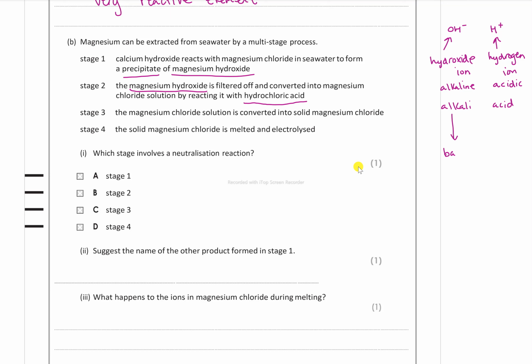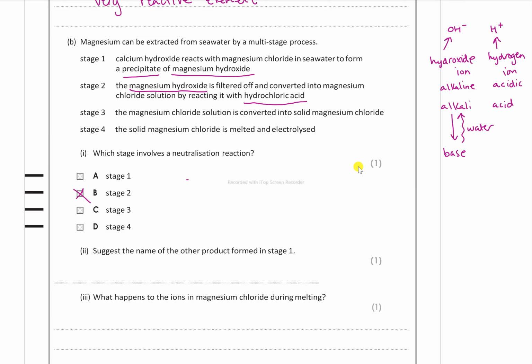Right. A base and alkali are the same thing, but if it's soluble in water, they call it an alkali. Okay, let's move on. Right, it'll be stage 2. Suggest the name of the other product formed in stage 1.